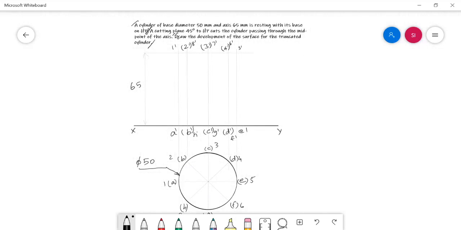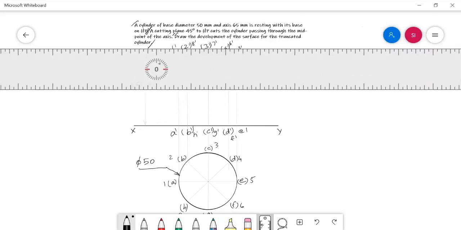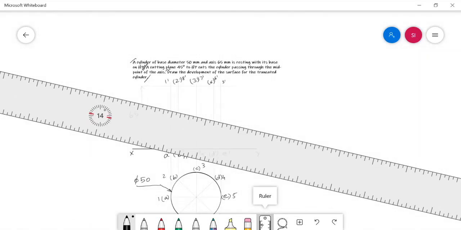The cutting plane is 45 degree inclined to HP, and it cuts the cylinder passing through the midpoint of the axis. Here the axis height is 65, so exactly at the midpoint, around 32.5 mm height, we need to pass the cutting plane through the axis with the given inclination.